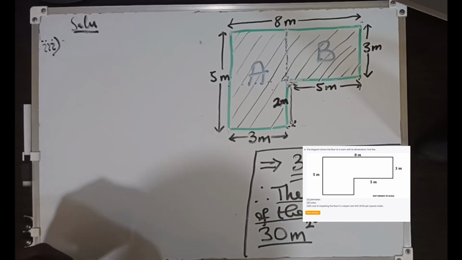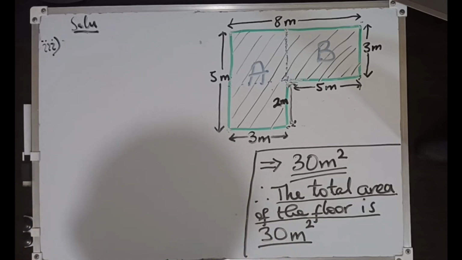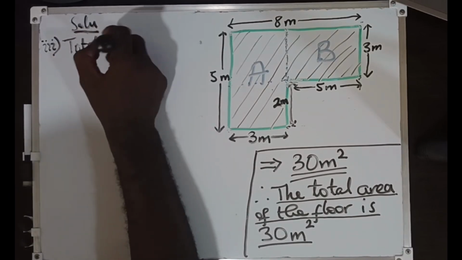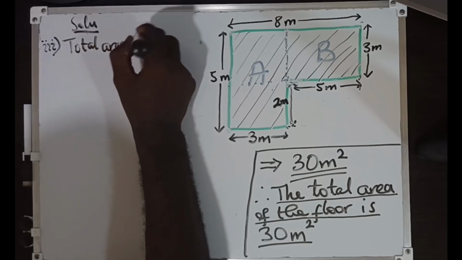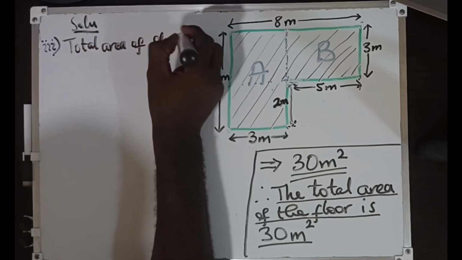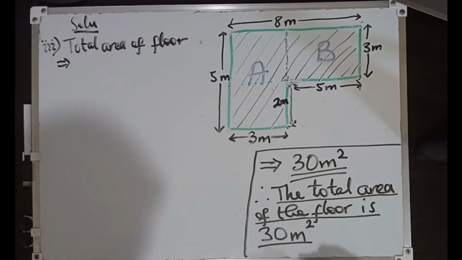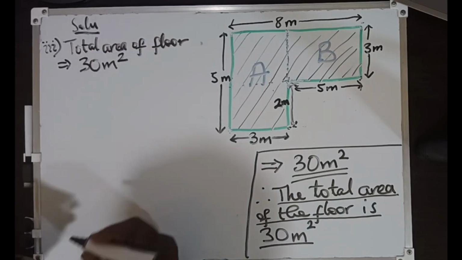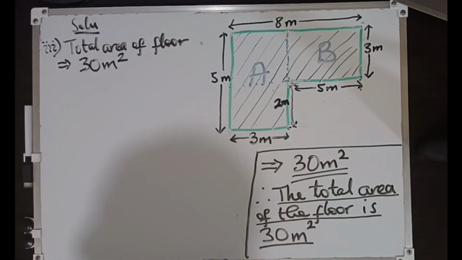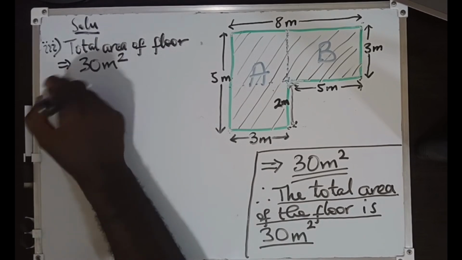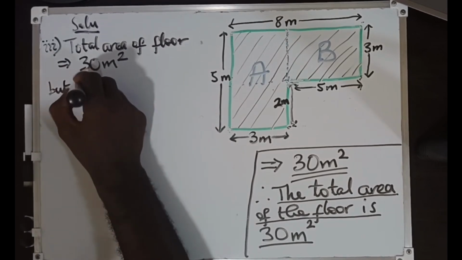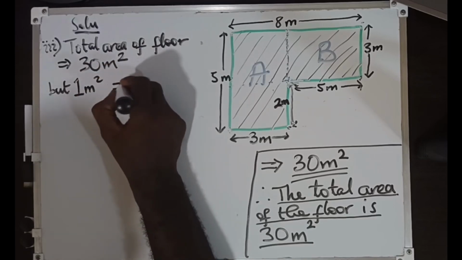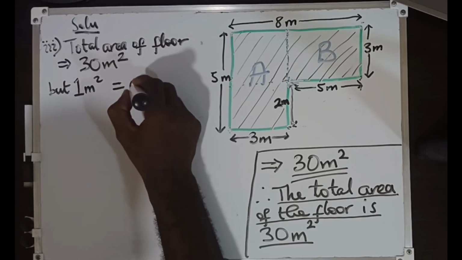Alright, so this is the II part, and we know that the total area of floor, we've done the calculation, and it was 30 meters squared. But we've been told that a square meter, that is 1 meter square, is equal to 20 cedis.